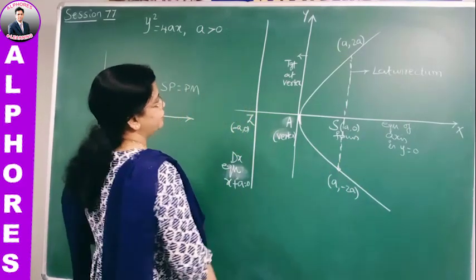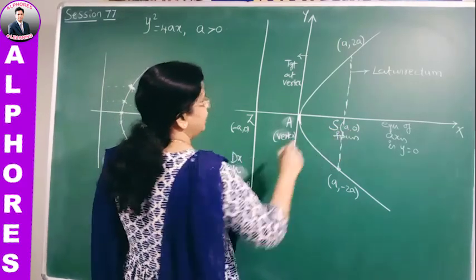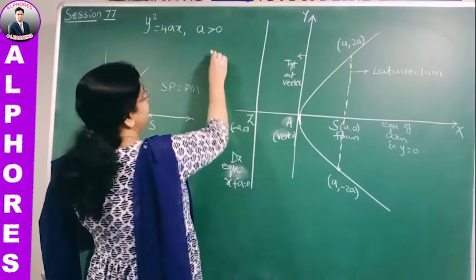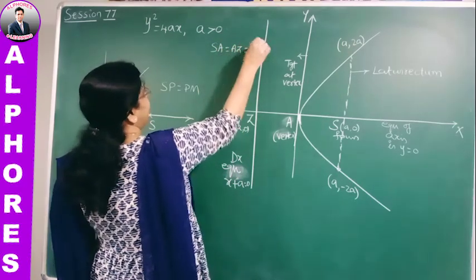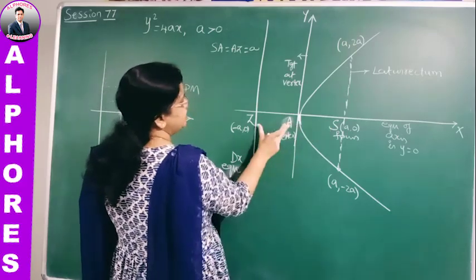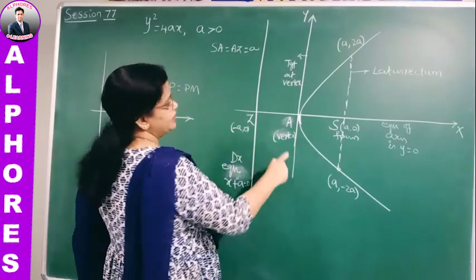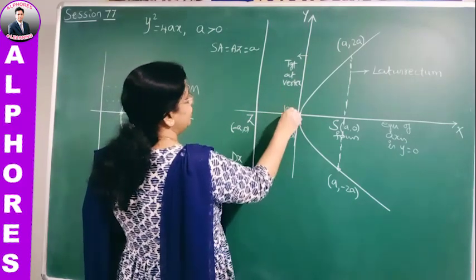The next observation, focus coordinates: how much did you get? A comma 0, because we have chosen SA equal to AZ equal to a. So this value we have chosen, and the point A is exactly the intersection of the y-axis and x-axis, the origin.